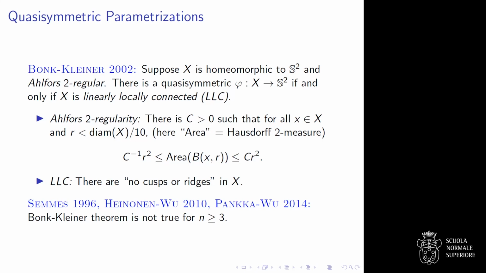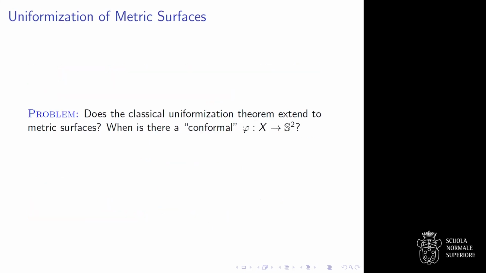So we ask, is there a theorem like this, which is even closer to the uniformization theorem, maybe without any geometric conditions on the space? So does the classical uniformization theorem extend to metric surfaces? In other words, when is there a conformal homeomorphism from a metric surface X onto the two-sphere?